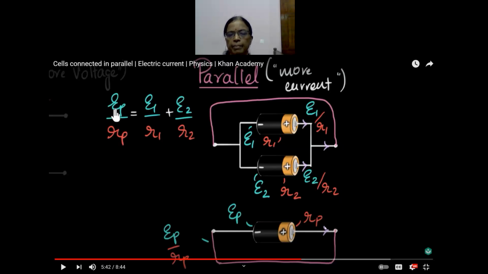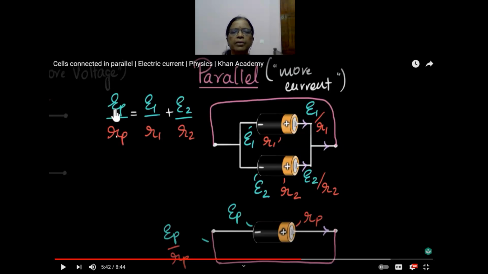This produces the same current as these two individual cells, so EP by RP is the sum of the currents from these two cells: E1 by R1 plus E2 by R2. So we got the equation.